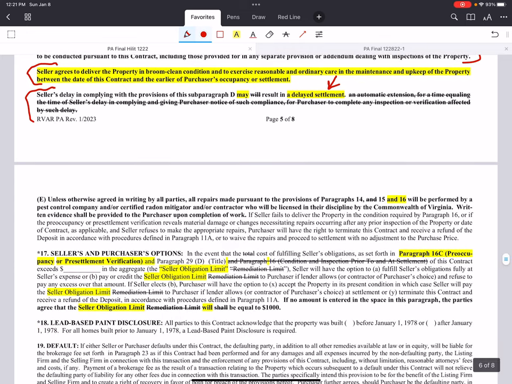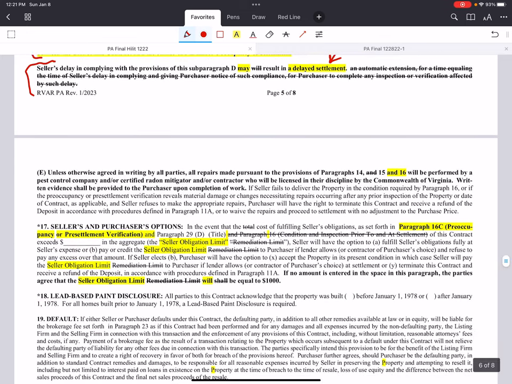So now we are getting to paragraph number 17. And remember, paragraph 17 was intended in the revision back in July, but also we wanted to make sure that we were clear that paragraph 17 does not have anything to do with the repair addendum items. But it has to do with the new paragraph 16C.